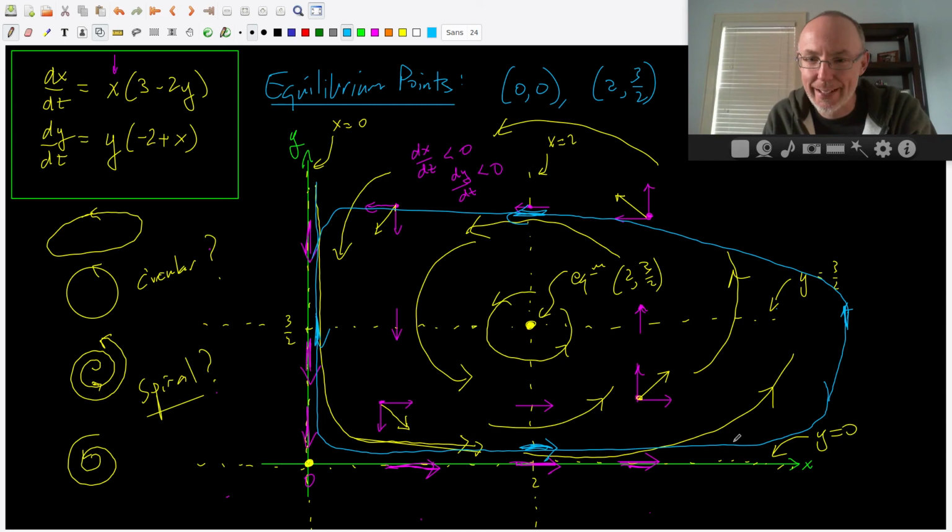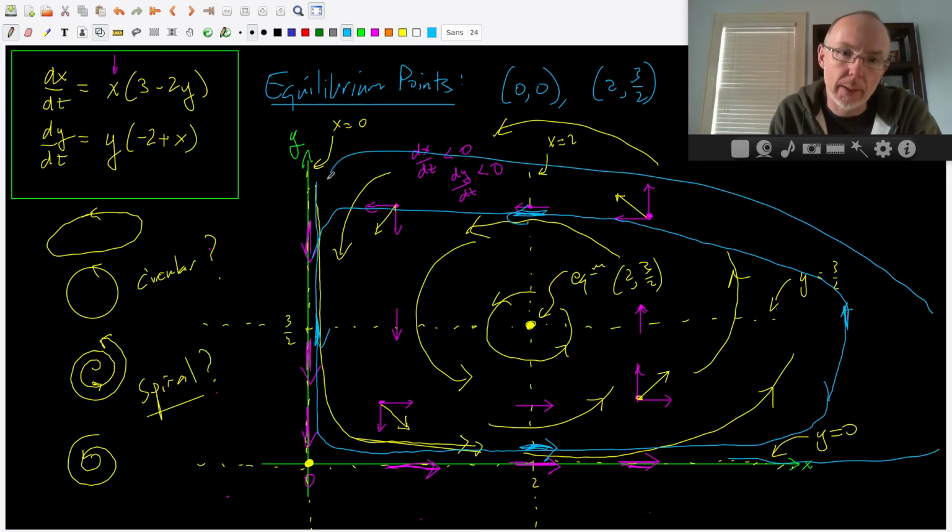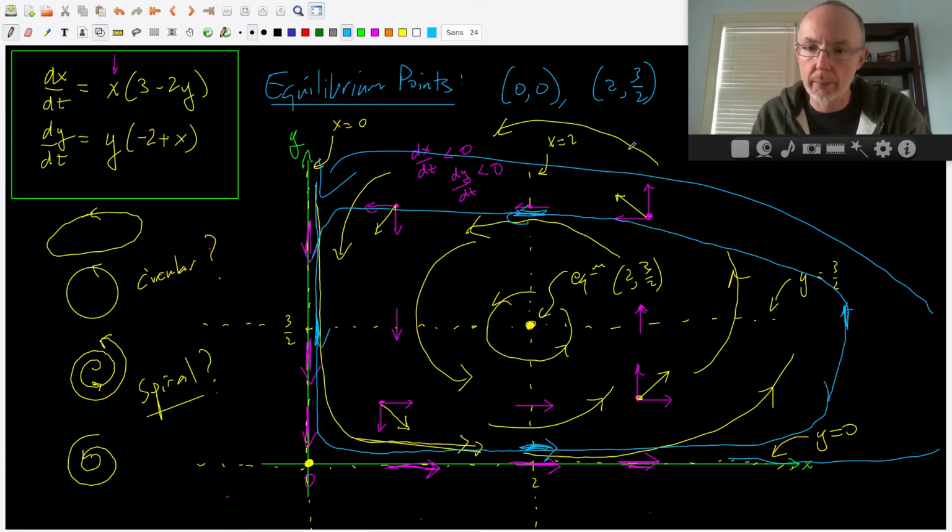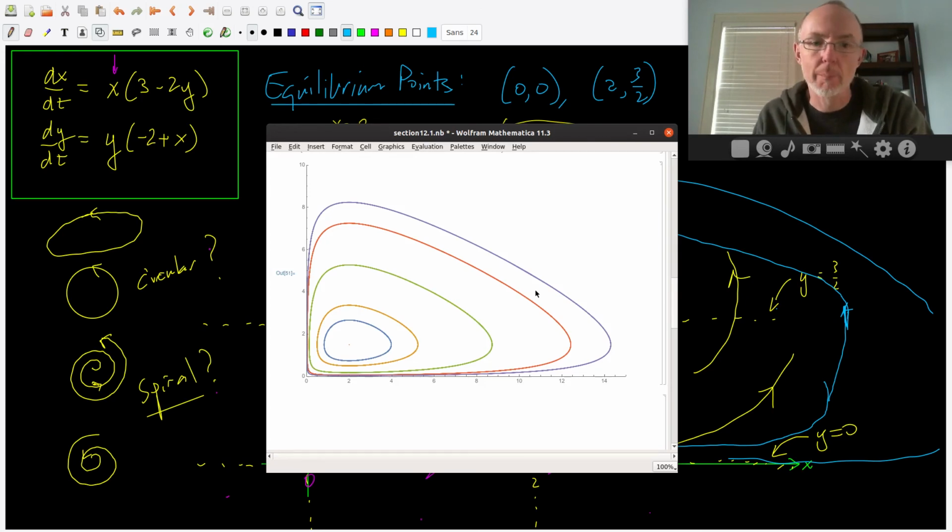This is a general idea of what the things look like. The further I go out that way, the more they're going to come back sort of like this. This gives you an idea of what the solutions look like. They're not circles, but they are definitely looping. They're definitely closed trajectories.